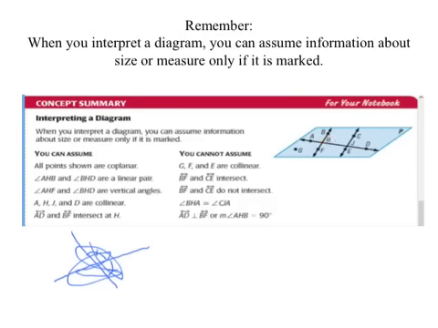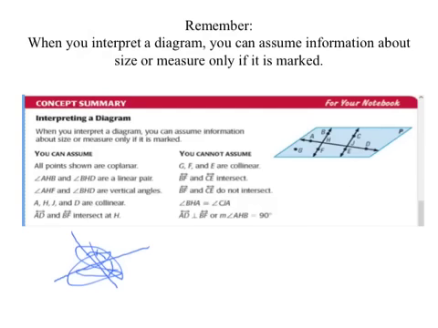You cannot assume G, F, and E are collinear because they're not on a line. You cannot assume BF and CE intersect. You cannot assume that BF and CE do not intersect because you can't see the whole plane.